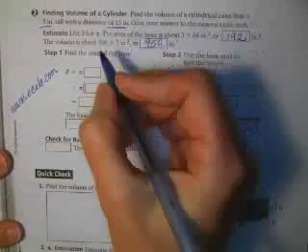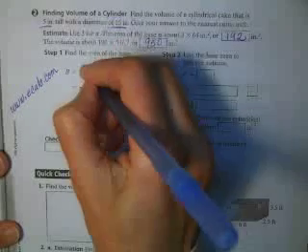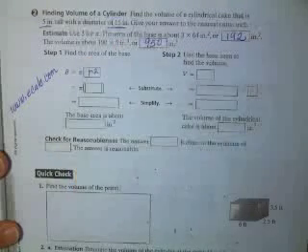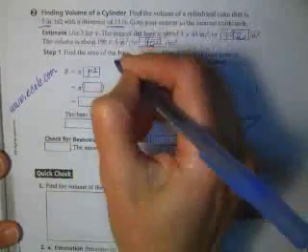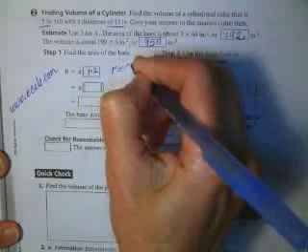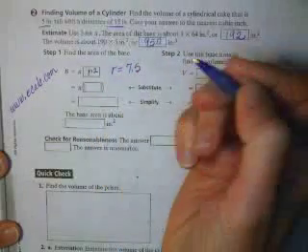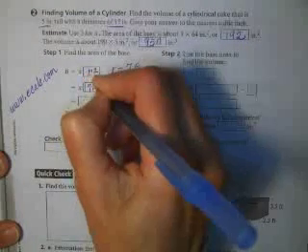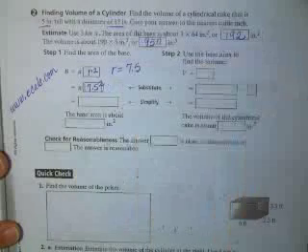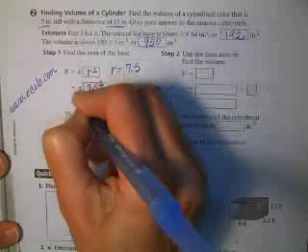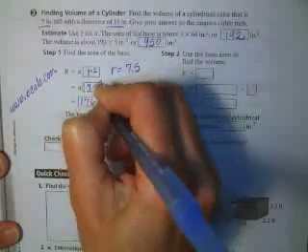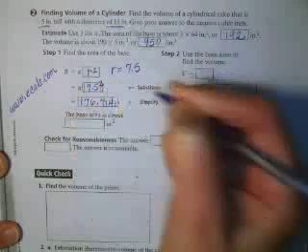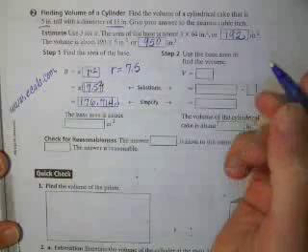Okay, so find the area of the base. The base, remember, is a circle, and that's going to be pi r squared. It has a diameter of 15, so the radius is going to be 7.5, 15 divided by 2. So 7.5 squared times pi gives you 176.714, and so on.